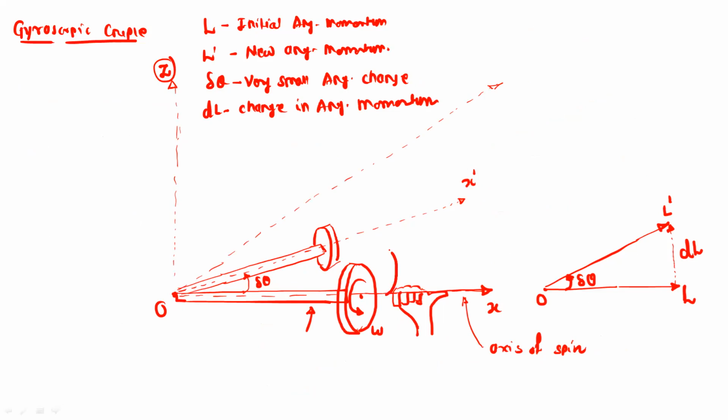So this angular velocity is nothing but the omega p. So this omega p is about this perpendicular axis. So if you observe from the top direction, then you will observe the continuous rotation of this complete shaft and disc. Okay, so this velocity of rotation is nothing but the precession velocity.